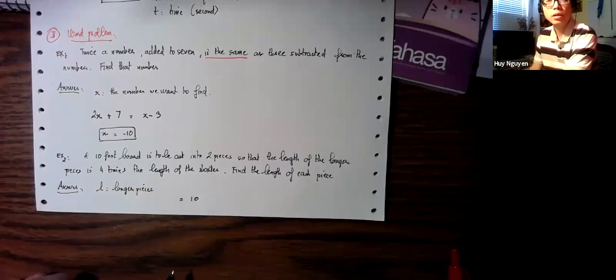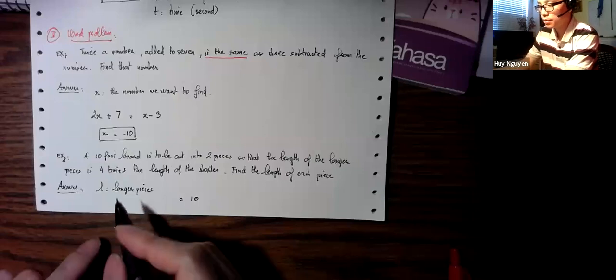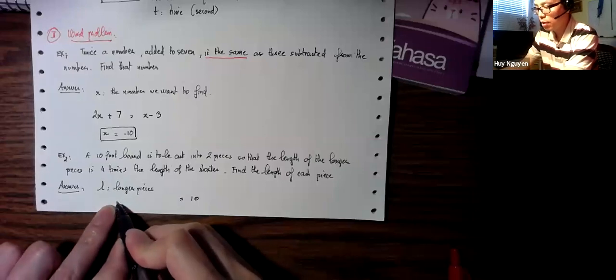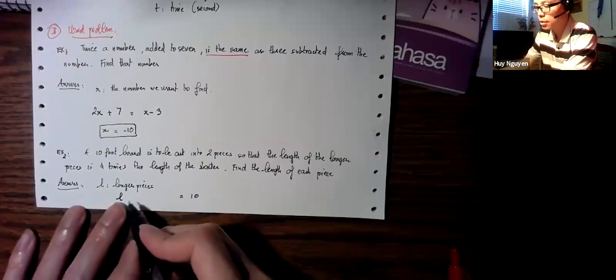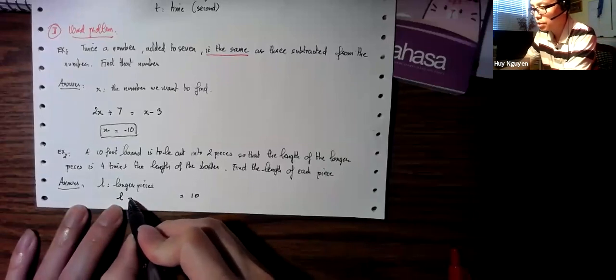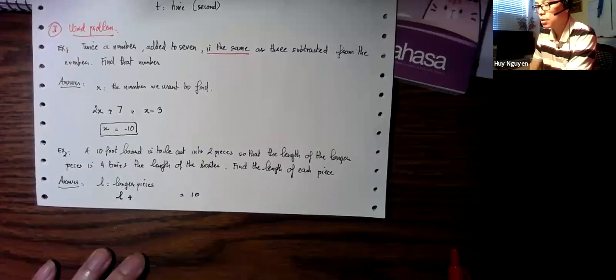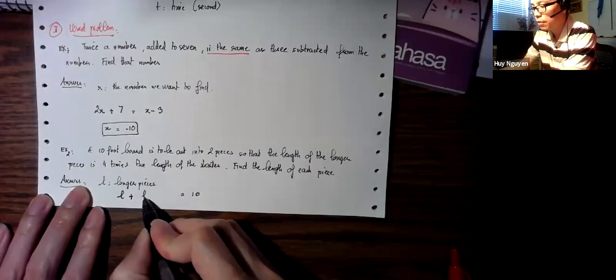So what does it mean? If we have the longer piece, and you add it to the shorter piece, the longer piece is 4 times the length of the shorter piece. It means the shorter piece will be L divided by 4, right?